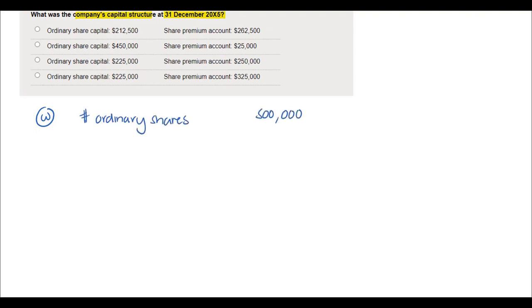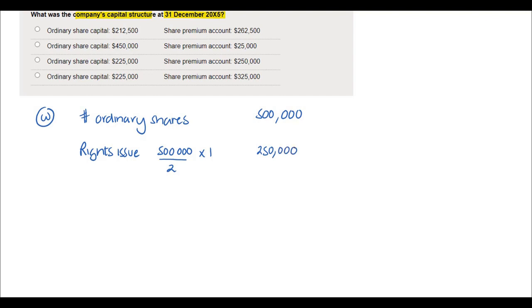Next, we know that a rights issue takes place. The rights is made at 1 share for every 2 held. So this means we can work out the number of shares on the rights issue by simply taking 500,000 dividing this by 2 and multiplying it by 1. This would give us 250,000 shares that are given on the rights.